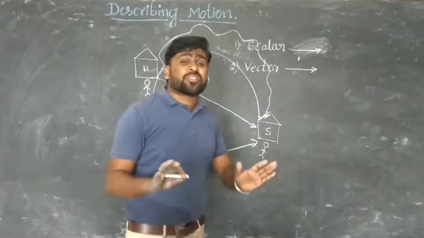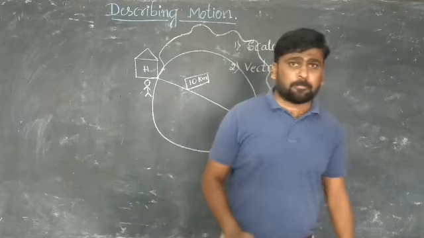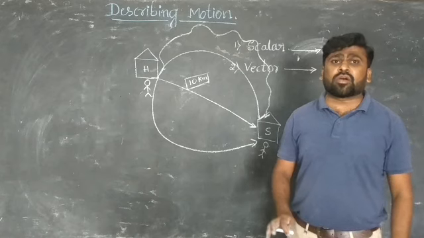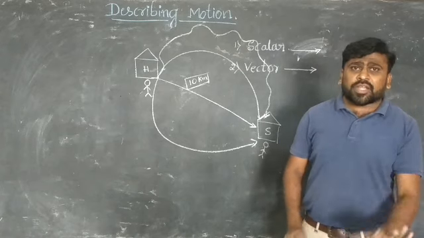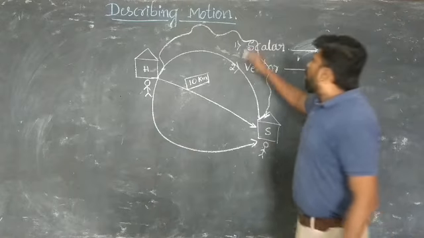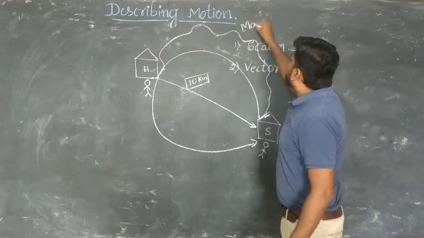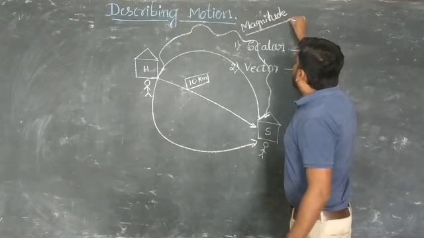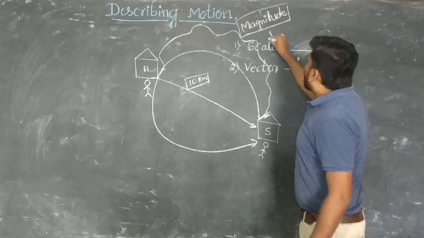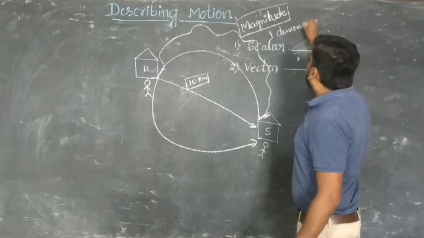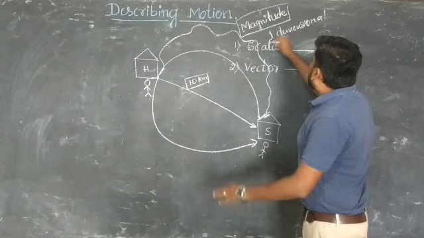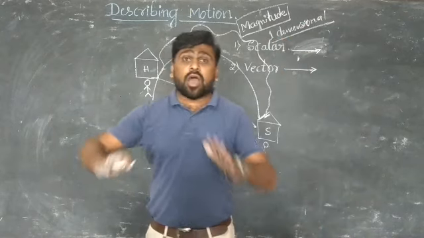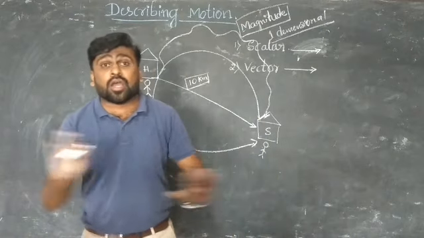That is not specified here. That means the scalar quantity is nothing but a physical quantity which refers only to magnitude. It is one dimensional.